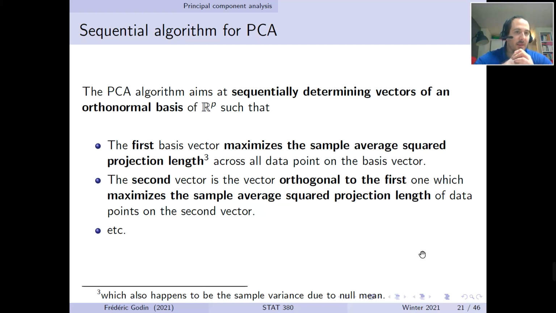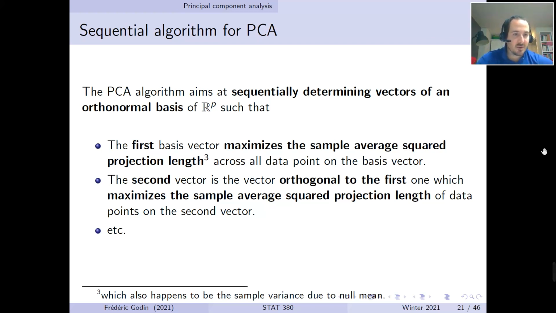So we're going to assume that the various vectors will be both orthogonal and have unit norm. And we'll optimize these vectors such that the first basis vector we're going to find maximizes the sample average, across all data points, of the squared projection length of a point on the basis vector.